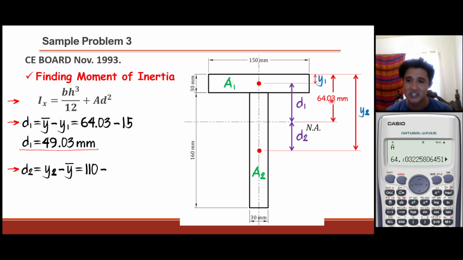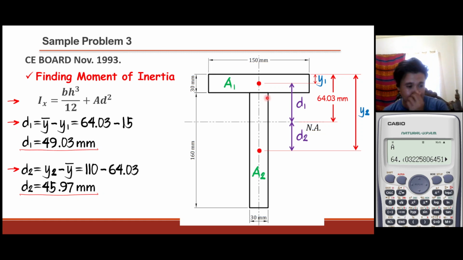Tapos ibabawas natin si Y bar na 64.03 millimeters. So we have yung value ni D2 na 45.97 millimeters. Okay? So, yan yung values ni D1 tsaka ni D2. Paki-check na lang later pagka nagre-review kayo para ma-confirm nyo kung tama yung mga values ni D1 tsaka ni D2.